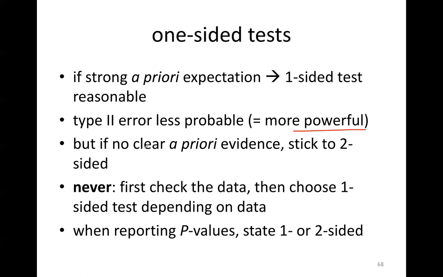But our book also correctly emphasizes that if there is no strong evidence in advance that the alternative hypothesis would be in one direction, that deviations between the null hypothesis and reality would be happening in one direction, then it's better to stick to the two-sided test.